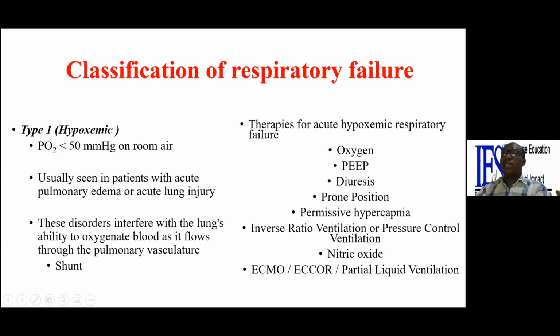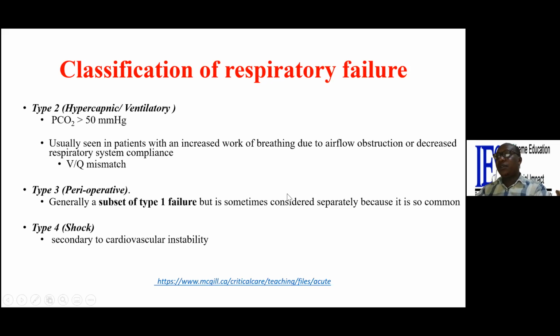So let's go to the next slide, and we continue with the classification. The type 2, as I said before, is hypercapnic respiratory failure. Really, this is a ventilatory issue where your partial pressure of CO2 is above 50. As I said, it's severe acidosis, which would lead to respiratory failure.